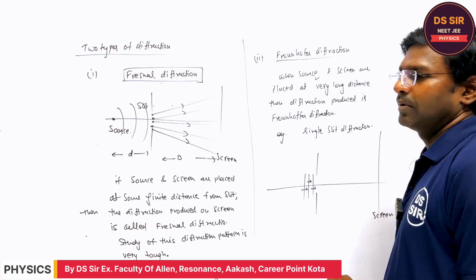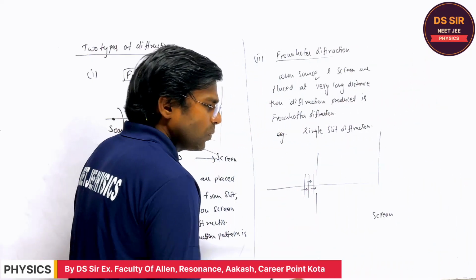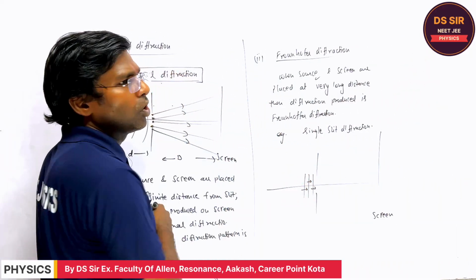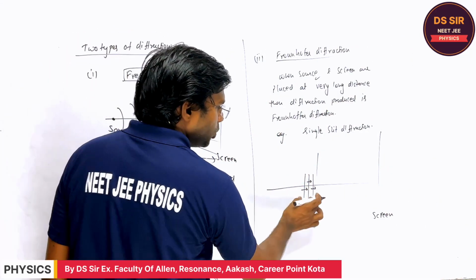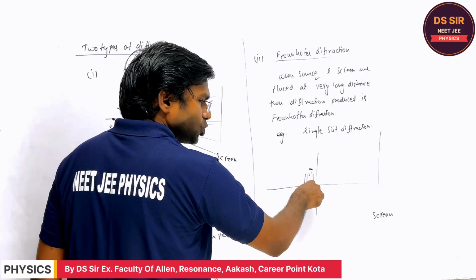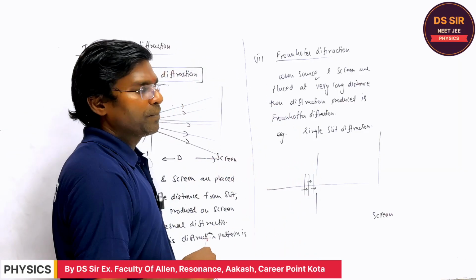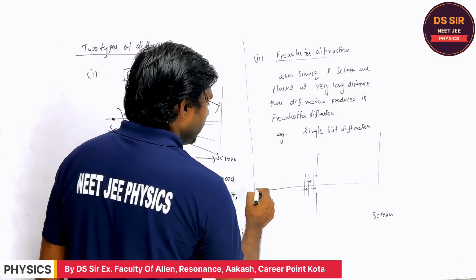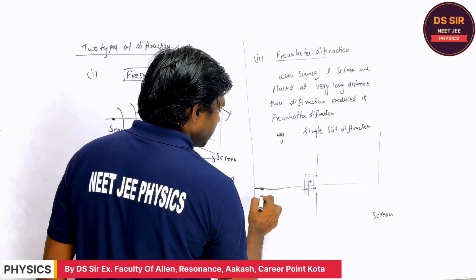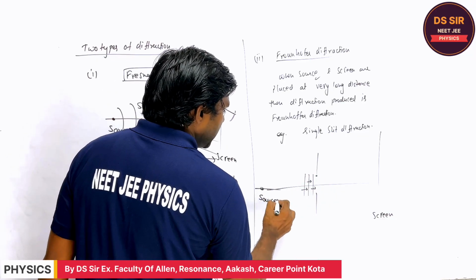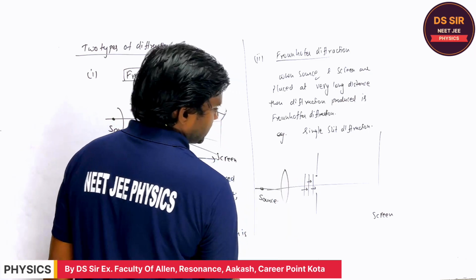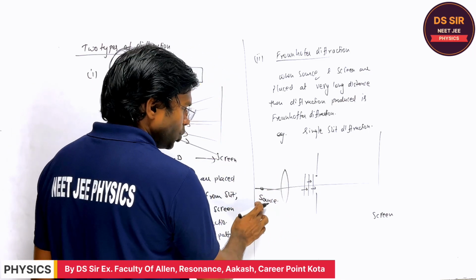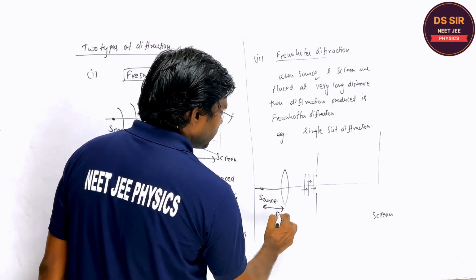Tell me. But it is not possible to keep the source at a very long distance. So to produce this wavefront, so that it should reach parallelly to this slit, what do we have to do? Suppose this is the source of light, and you take a lens and put this source at the focus of this lens.